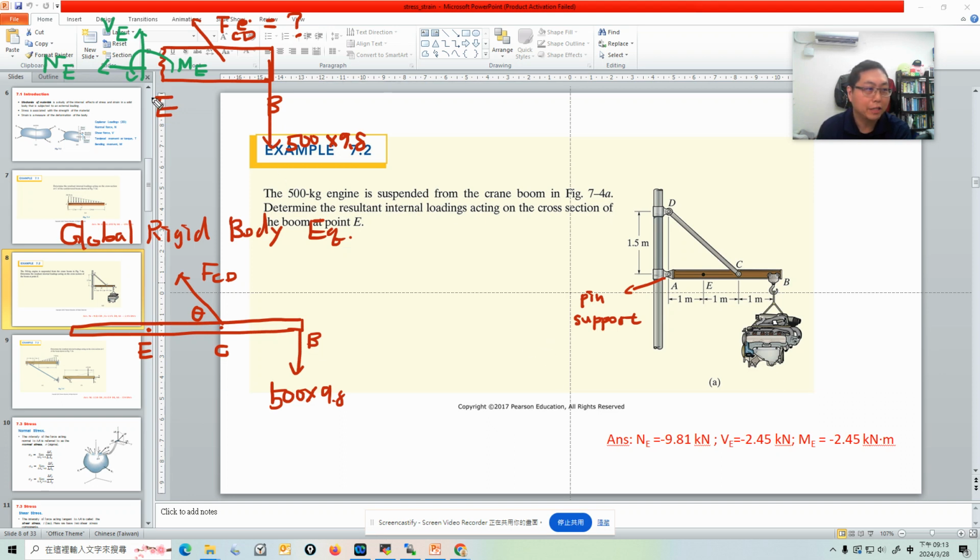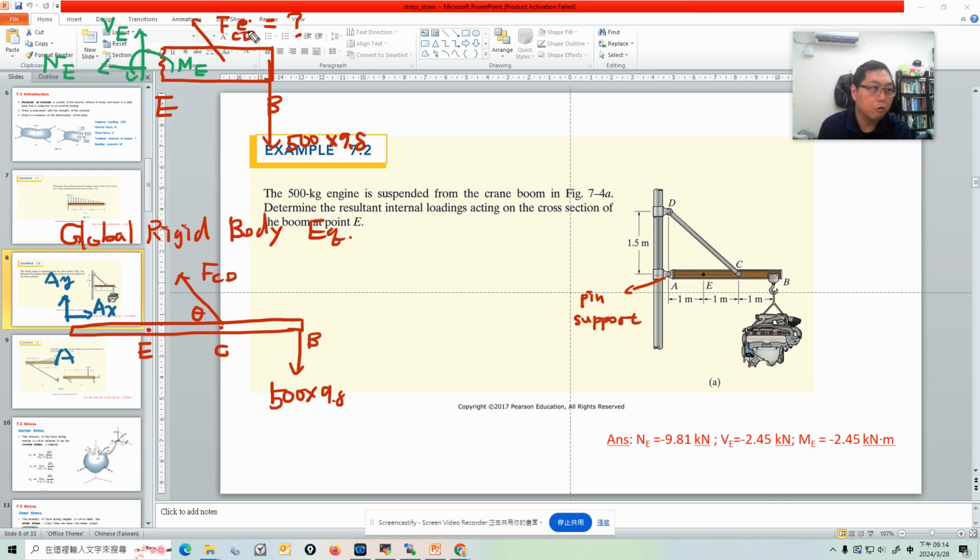We intentionally used the EB section to do the calculation, thinking we don't have to calculate the support reaction, but after all, in the whole global rigid body equilibrium, you still have to consider the support reaction from A. Because it's a pin support, we know the reaction forces are AX and AY.